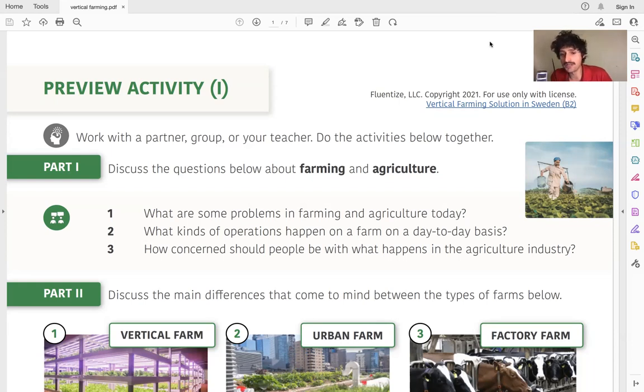Just so that you know what these mean, farming and agriculture. So farming is a little bit more general. Farming relates to the growing of crops. Crops can be fruits, vegetables, plants, herbs, or grains. You see, all of these are crops.